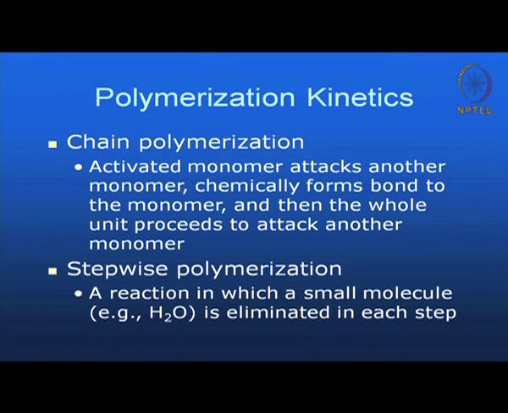If you allow the reaction to occur for a long time, you will end up generating a giant molecule having n monomers chemically linked with one another, which is called a polymer.